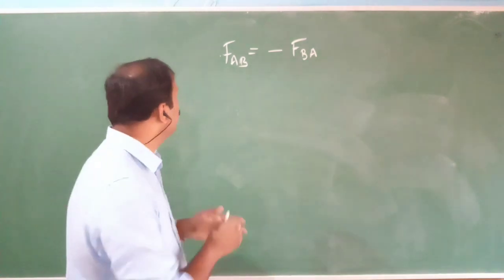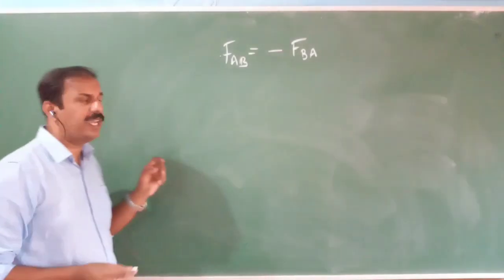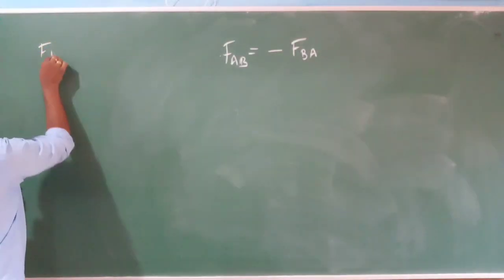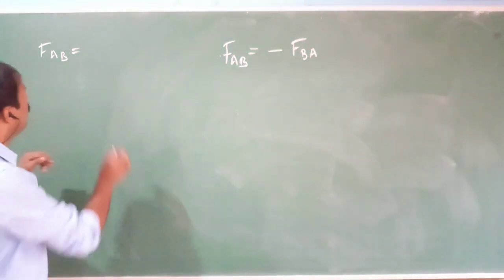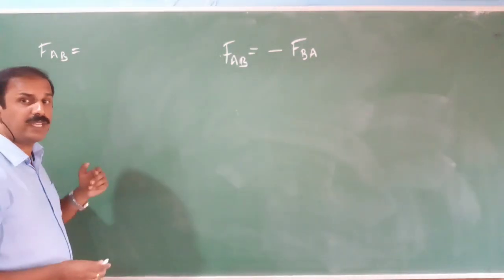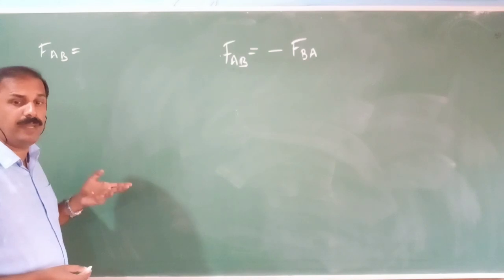Now you see here, this FAB, if you have two objects A and B, what is FAB? Force on A due to B. So this can be written from Newton's second law, rate of change of momentum, or MA.